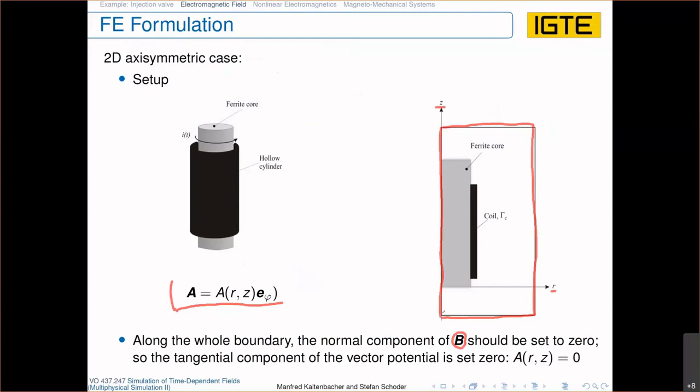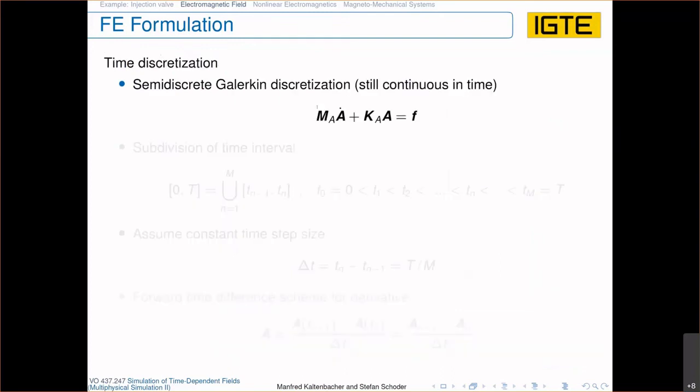This is simply fulfilled when you set the phi component of the magnetic vector potential along the boundary to 0, and you then get a correct magnetic field when you perform your numerical computation.